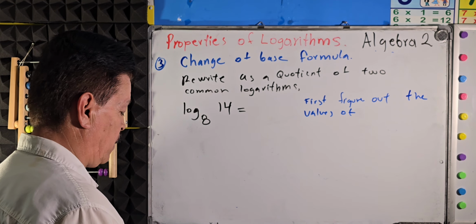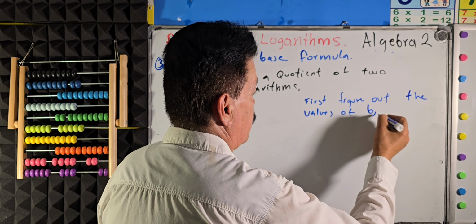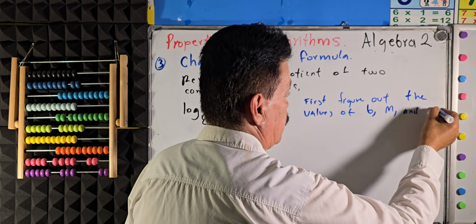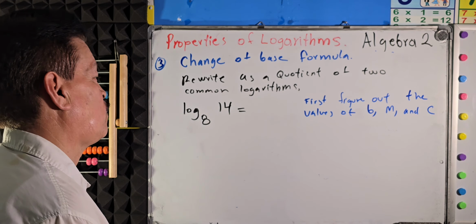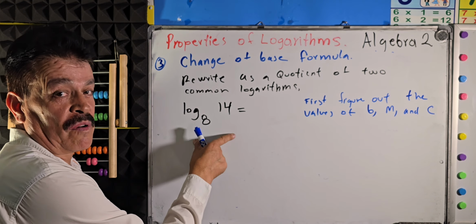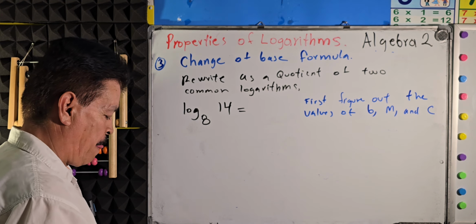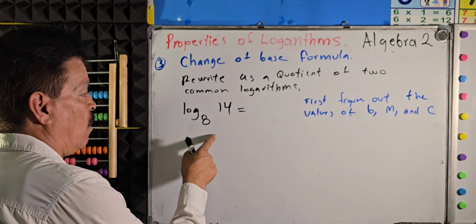We have to figure out the values of b, M, and c. So we have to find the values of those variables from this problem. So this is the logarithm.